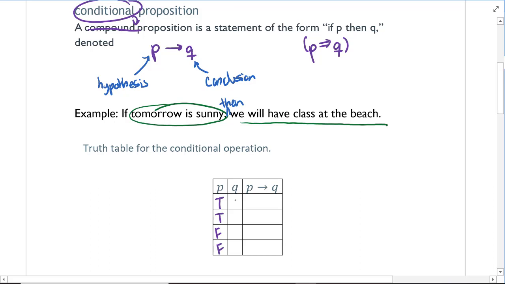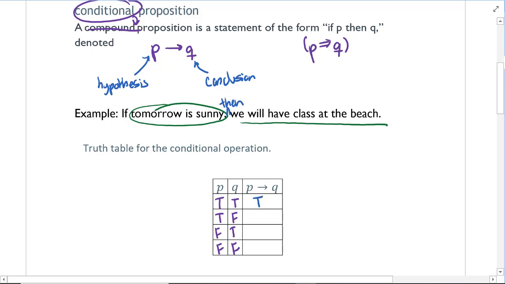It's always going to look like true, true, false, false, true, false, true, false. Now, let's suppose that we're talking about this first row. So let's say tomorrow is sunny and we have class at the beach. Yay! So was I telling you the truth when I made that conditional proposition to you? Yes, of course, that was a true statement.